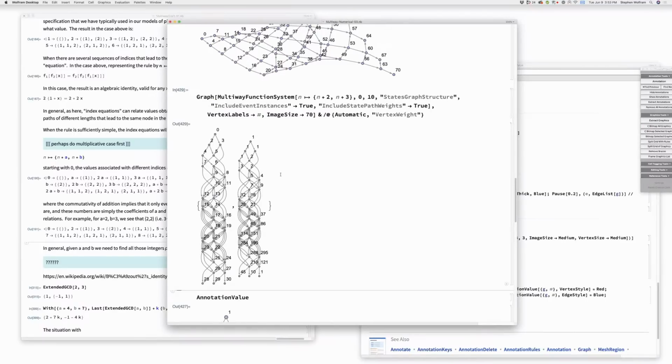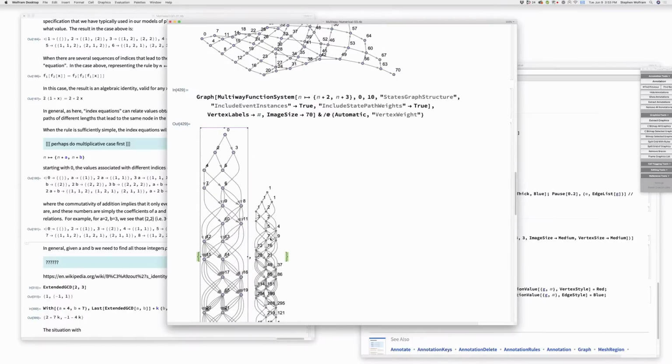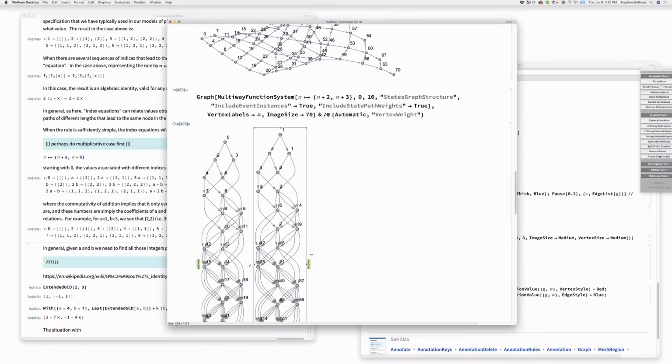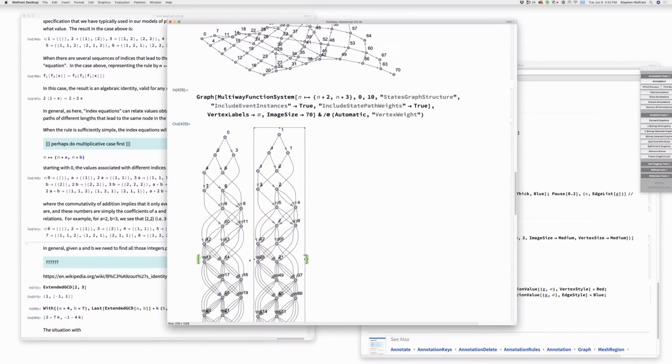Oh, come now, they can't be different heights. Why are they different heights? Okay, no matter. Well, we can do this. Okay, this is the vertex weights. These are the values.